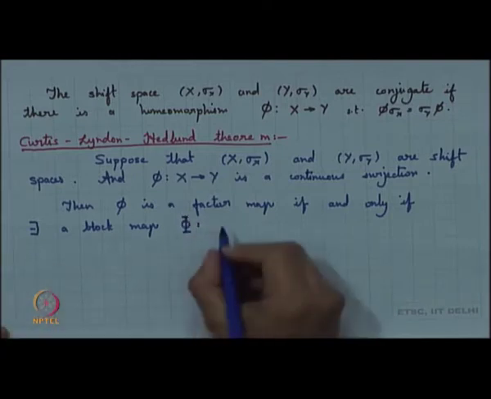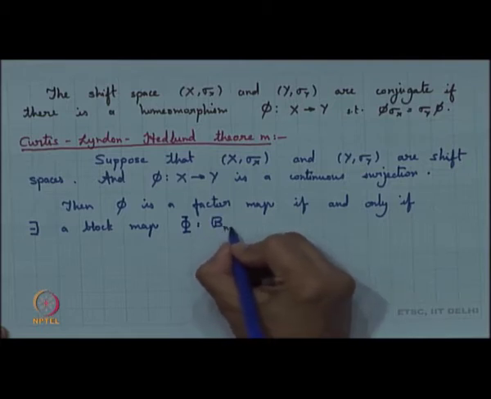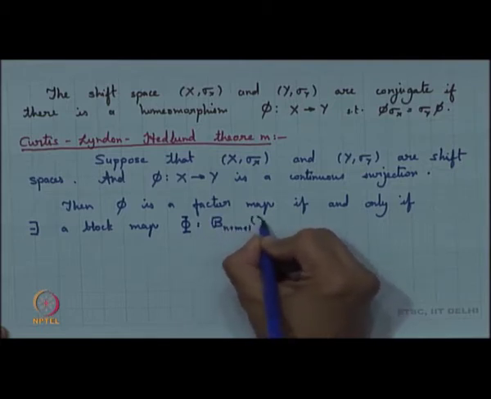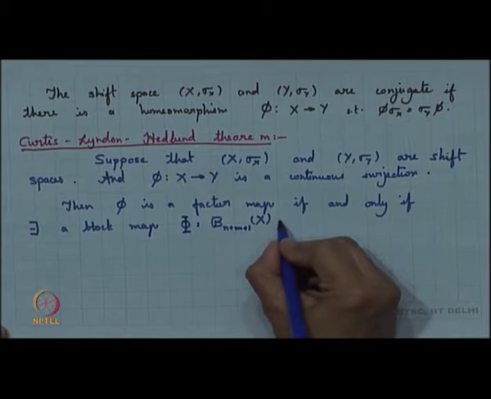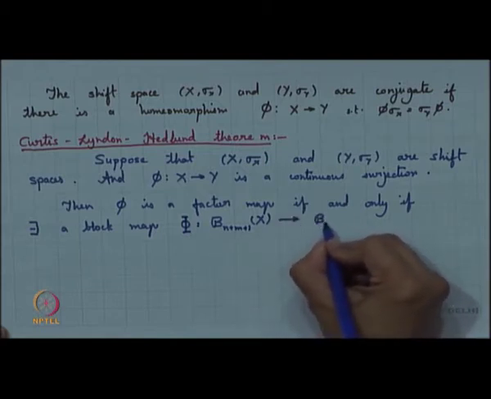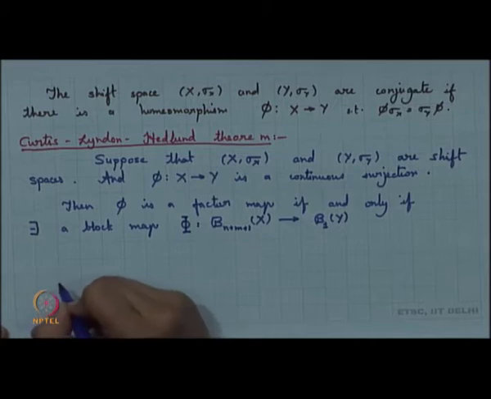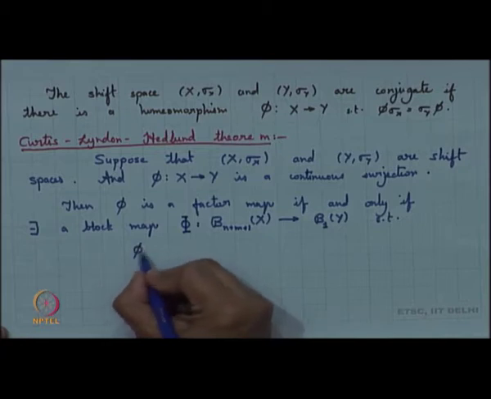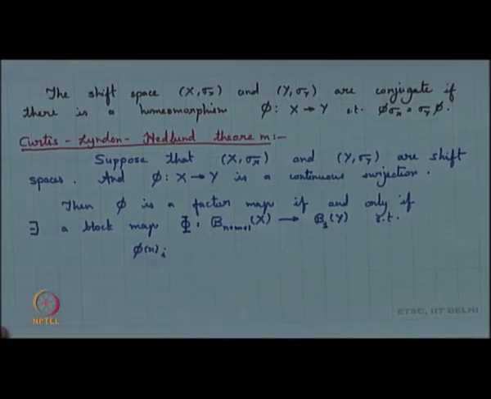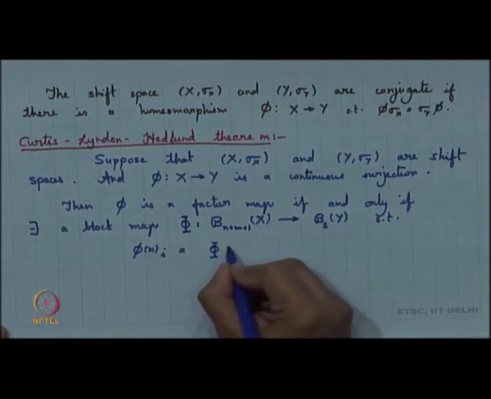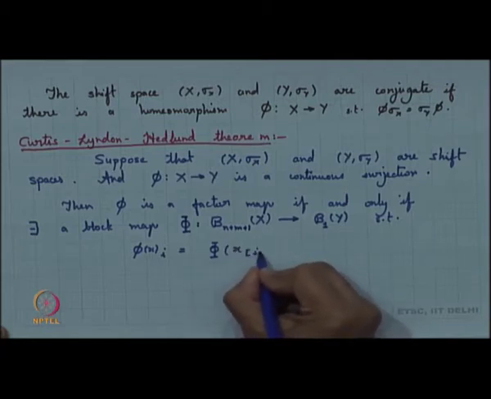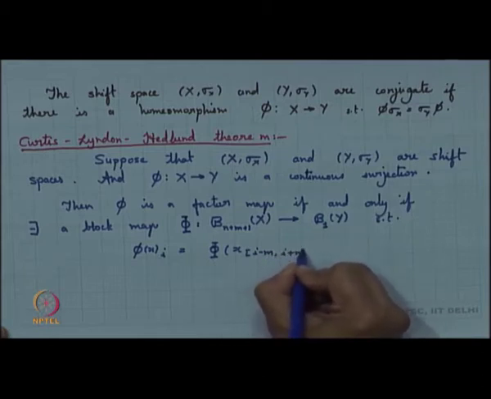So this is a block map, and this block map is on the set of all (n plus m plus 1) blocks in X. This is a map taking these as arguments to the one block in Y, such that your phi(x) at the value i is the same as this block map Phi acting on this block x from i minus m to i plus n.